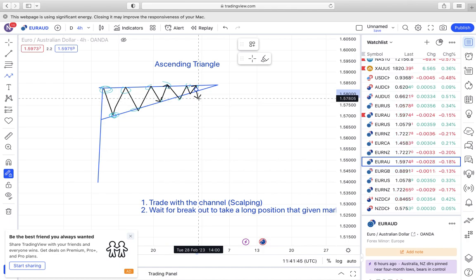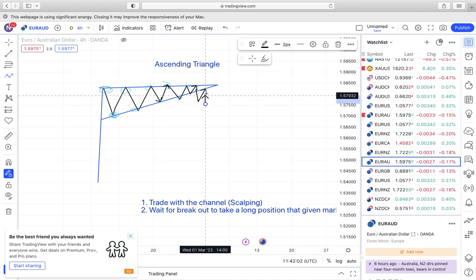You don't enter this trade, because I know very many people will enter at this given breakout. You wait for the retest of the trend line or the structure. Then you take a long position. Let me remove this.